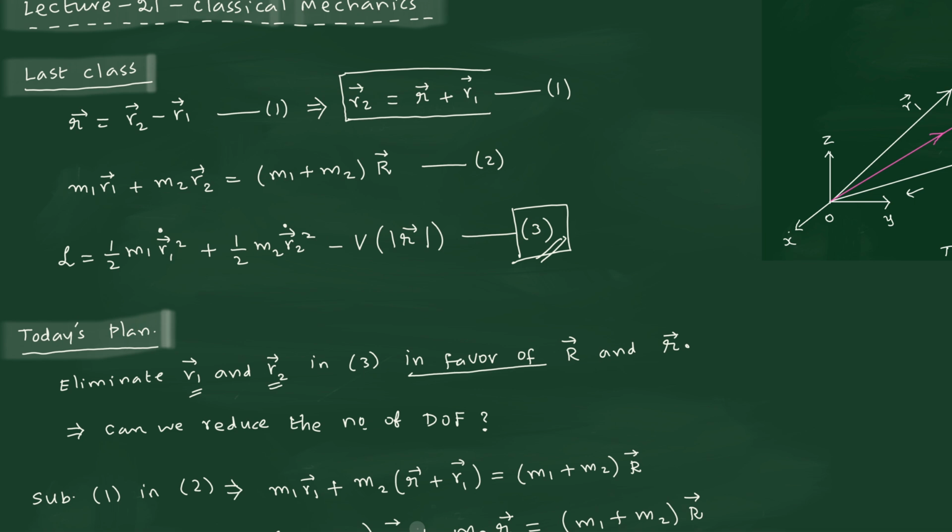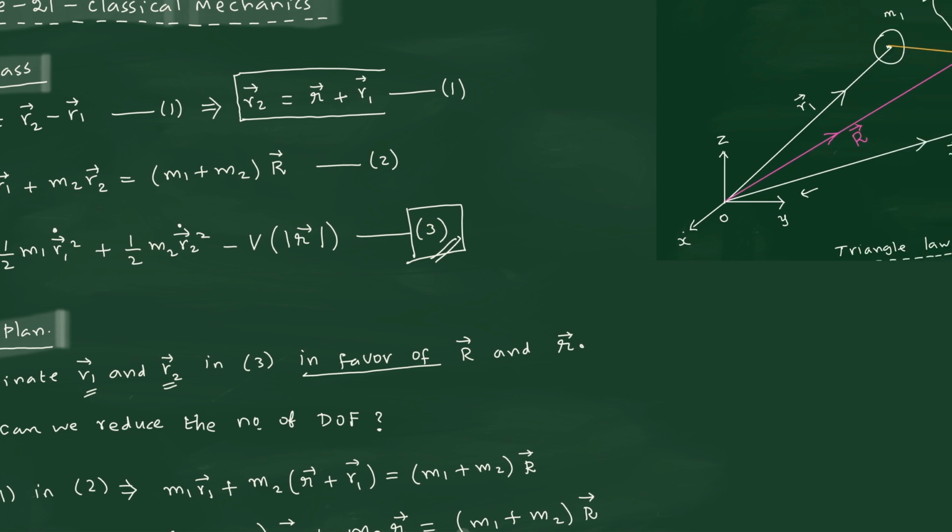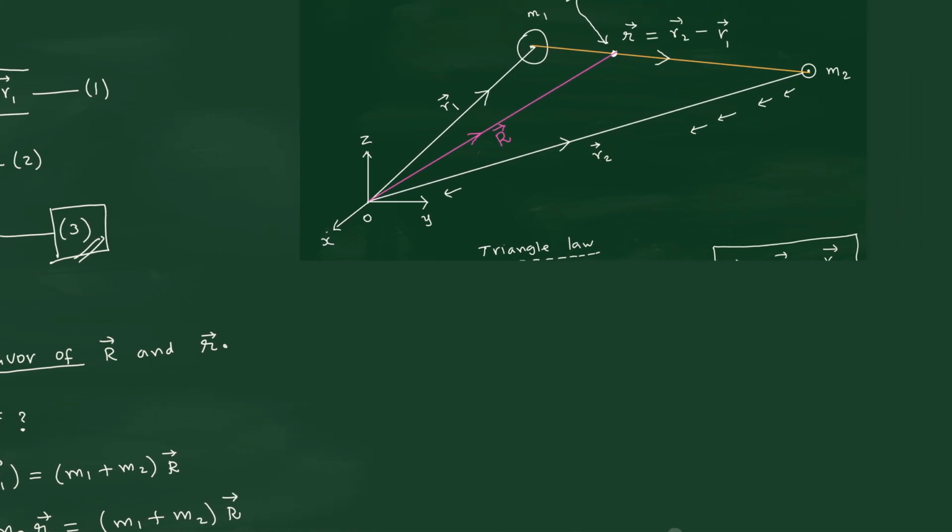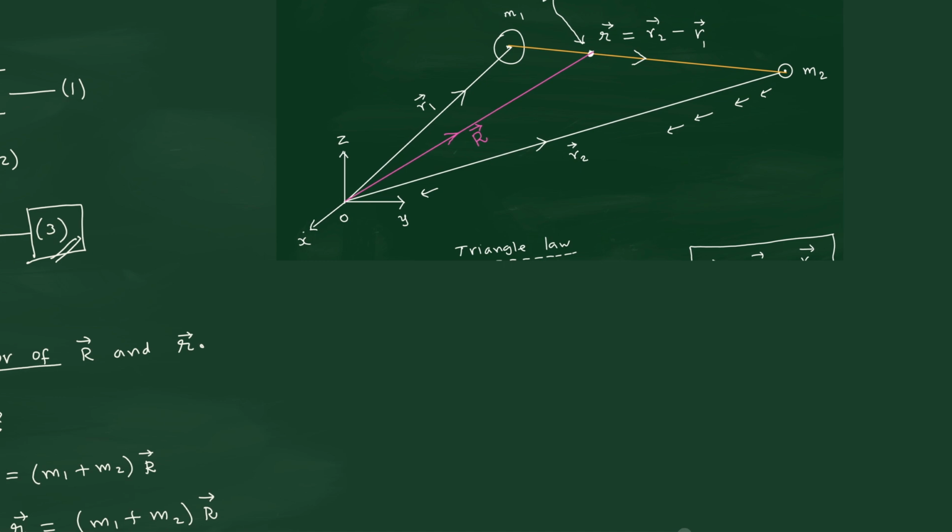Because of that reason only we are performing this kind of calculation based on the center of mass. So the idea is very clear: either you use equation number 3 for the Lagrangian, otherwise use equation number 6.